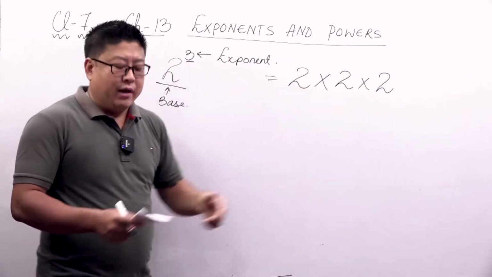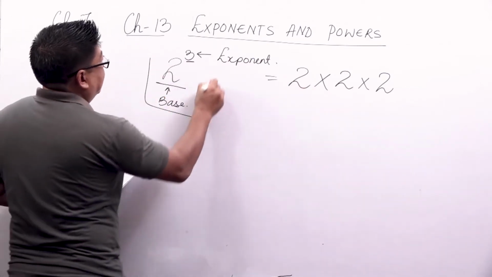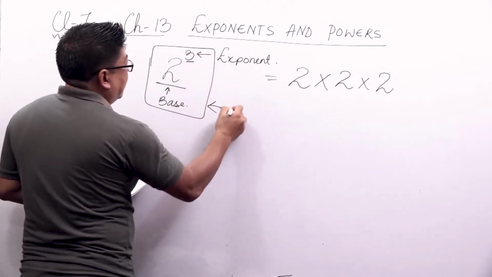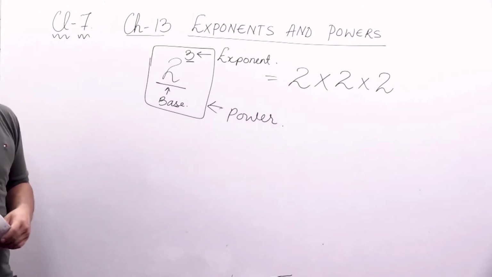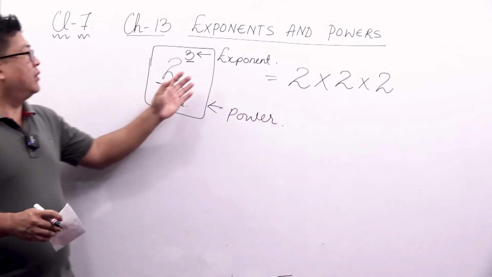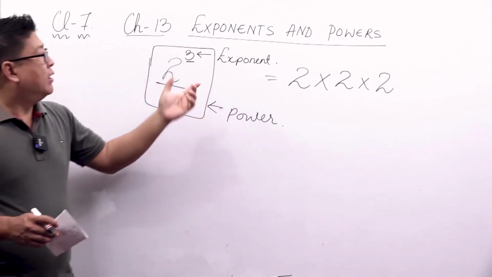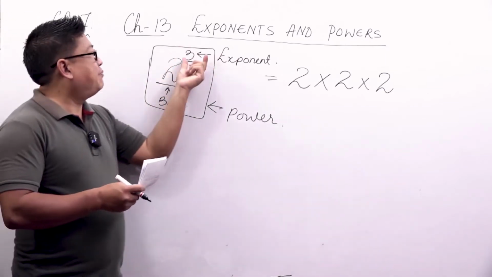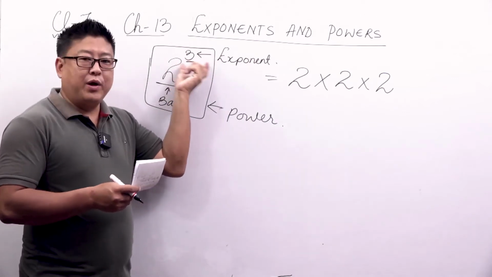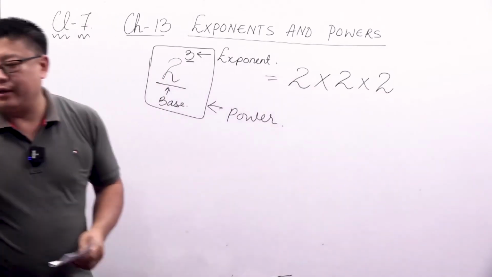This expression together is also called the power. So this is about base, exponent, power. As I've already mentioned, I'll repeat it again: this exponent will tell you how many times you have to multiply the factor.